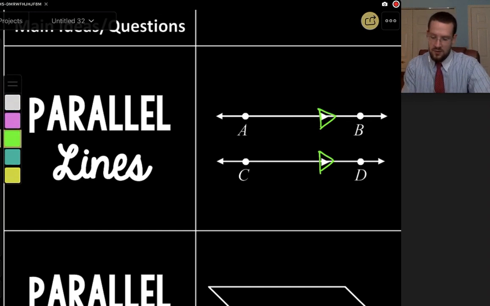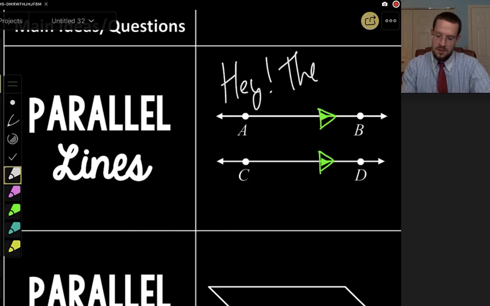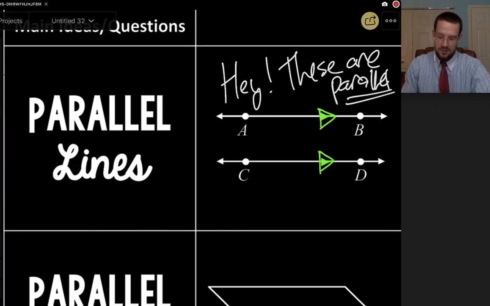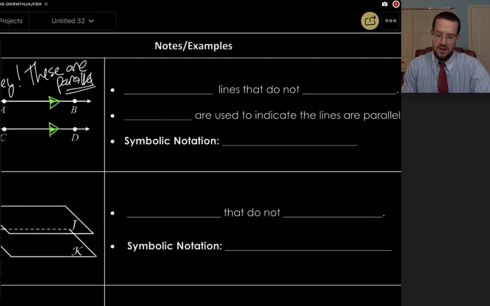That's how we know that these lines are parallel from the figure. The figure is telling us, hey, these are parallel. That's what those green things are saying. These are parallel.